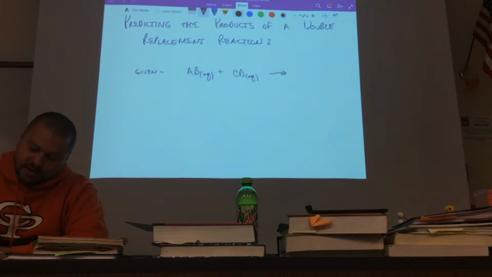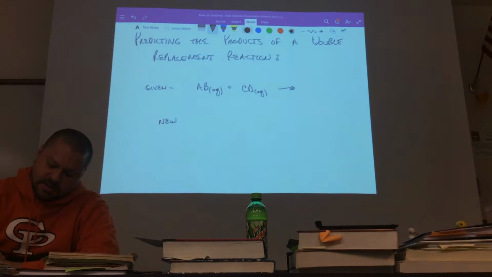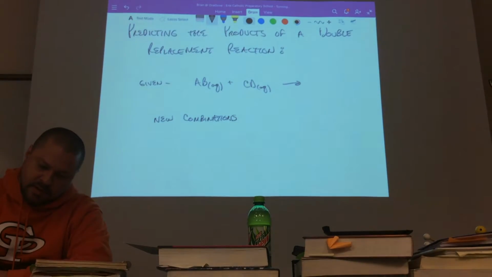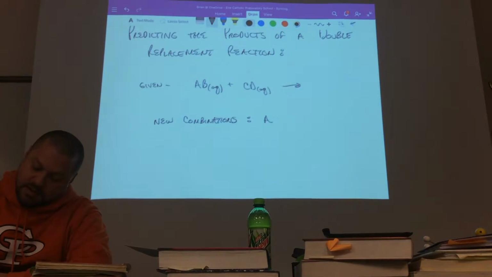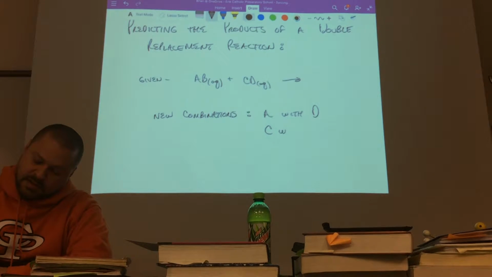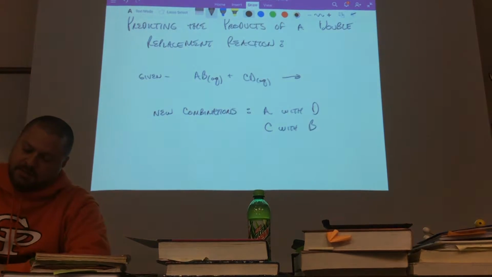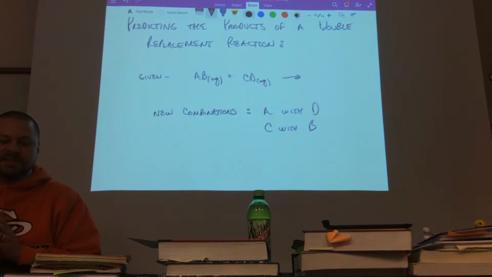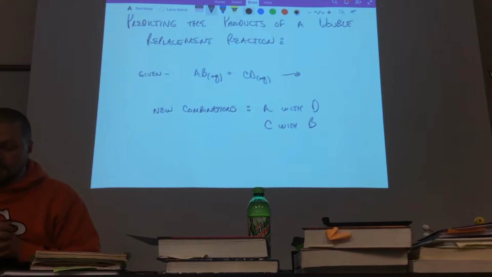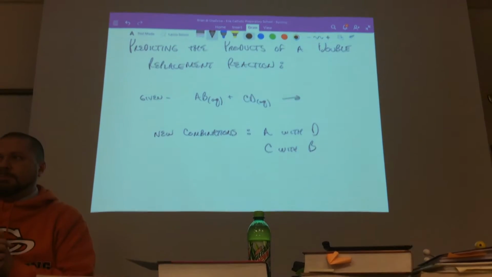So our new combinations are A with D and C with B. And notice I'm putting C first because C comes first in its compound, B comes second in its compound. So basically C is a cation, B is an anion.